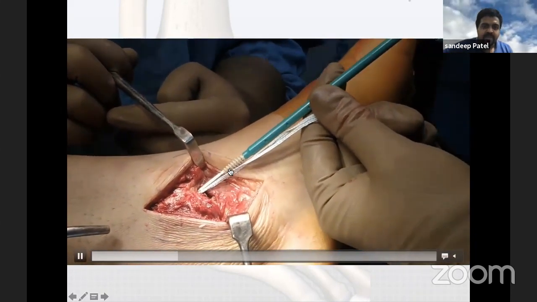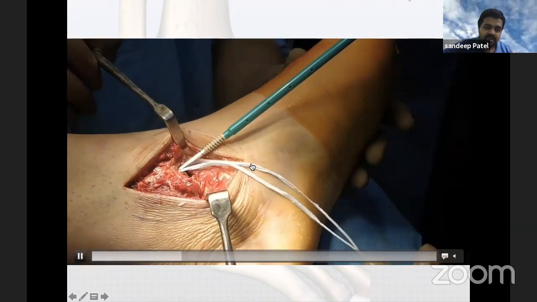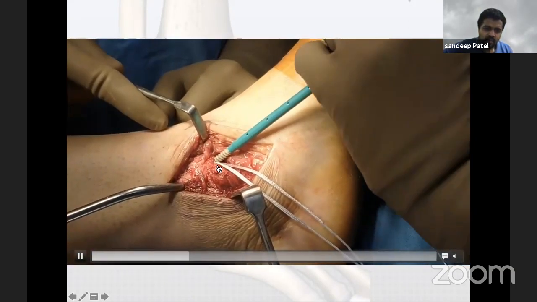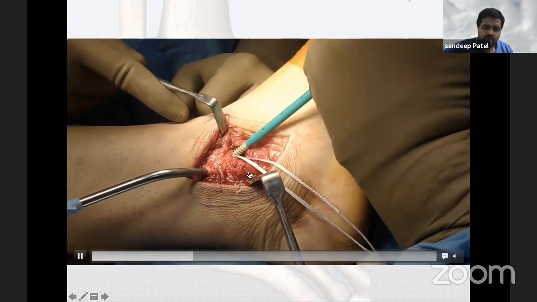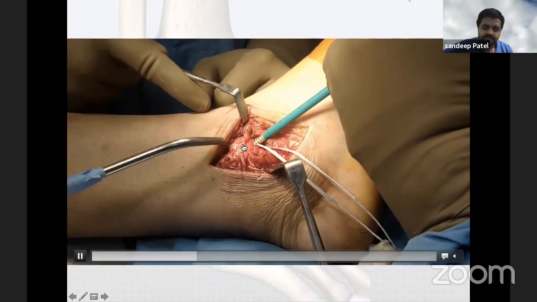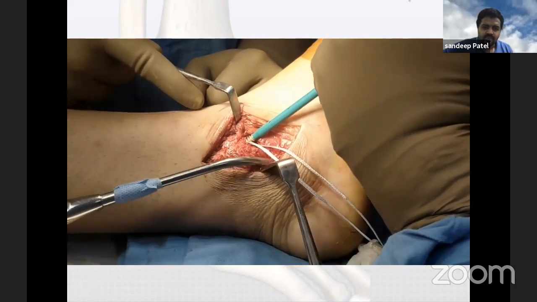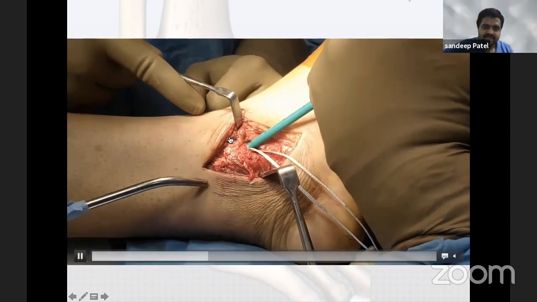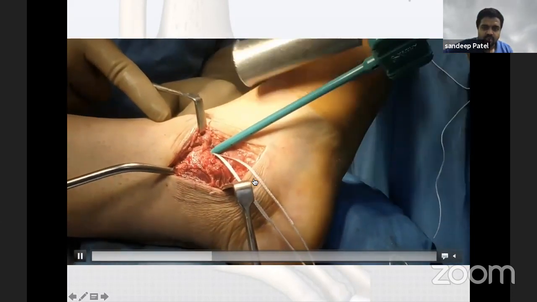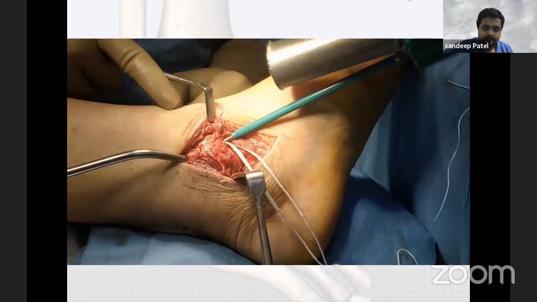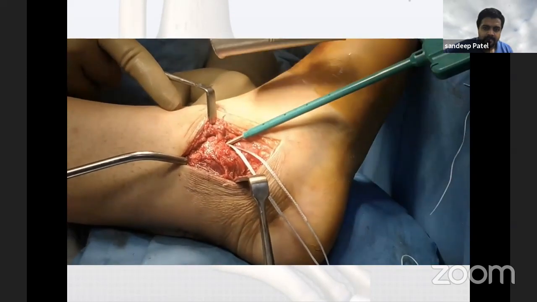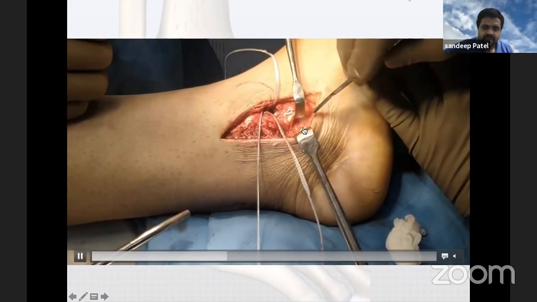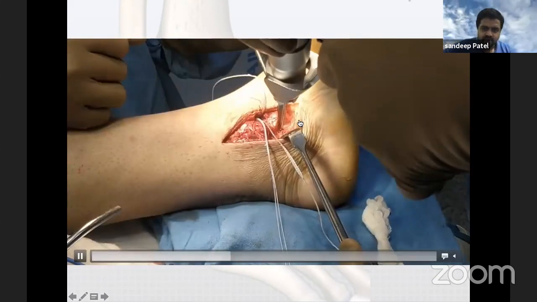So this is an anchor with a loaded fiber tape in this case, and once the screw is put over here, in the next stage we would repair the deltoid ligament to this anchor, which will be shown. So these are the threads of the anchor. So these are the fiber tape which will be used to internal brace.